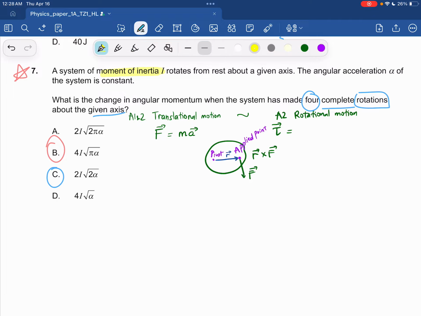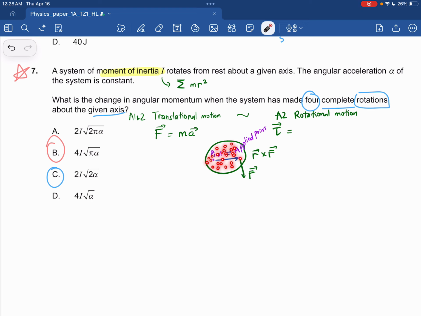The definition of this is the total sum of every little mass times r squared. That r is the radius; you can imagine a rotating object as a collection of little particles, each with a little mass.